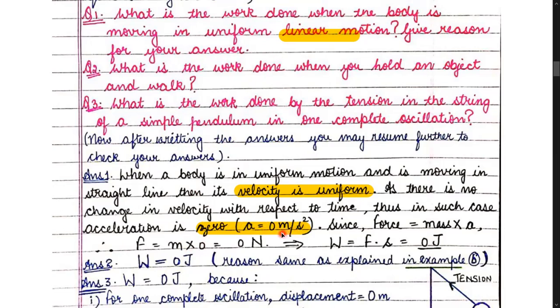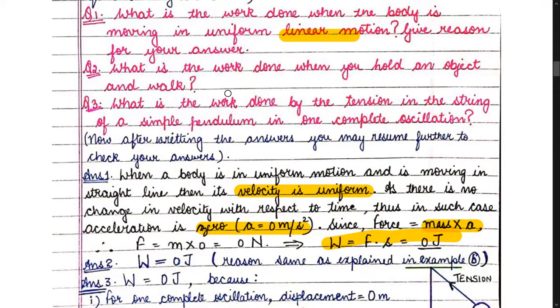And children, we know the formula of force, mass multiplied by acceleration. So now acceleration is 0, which means force is also 0. And in such a case, your work done will be again 0 joules. Understand this answer carefully. So children, this is your answer number 1.